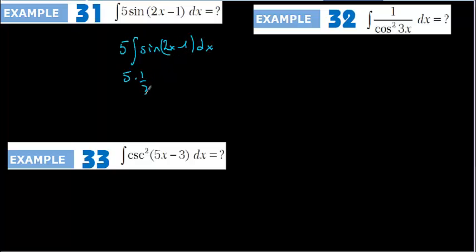We have the minus sign also, so minus cosine 2x minus 1 plus c. So the answer is minus 5 over 2 cosine 2x minus 1 plus c.